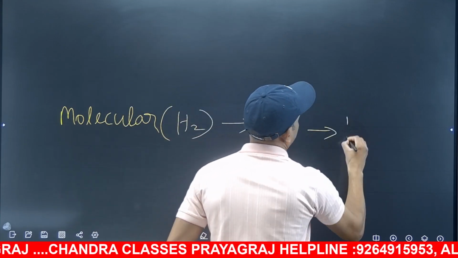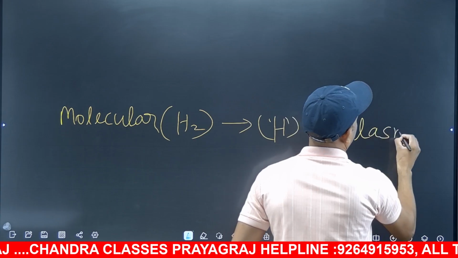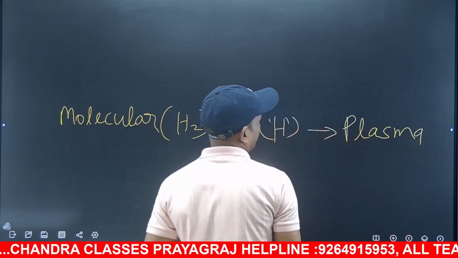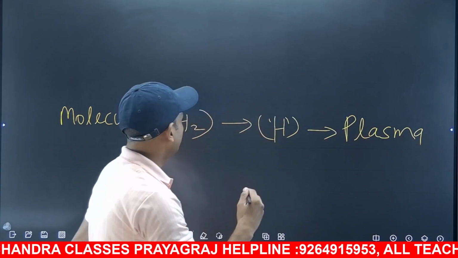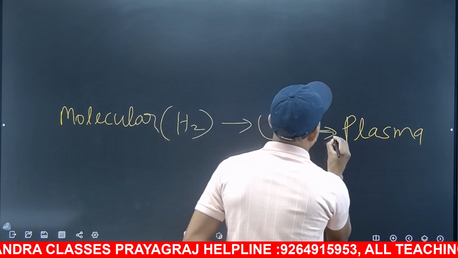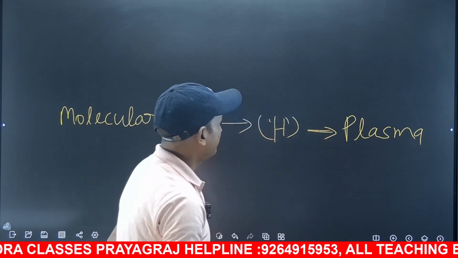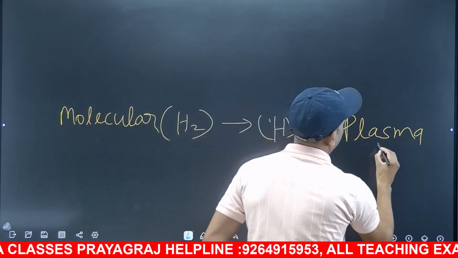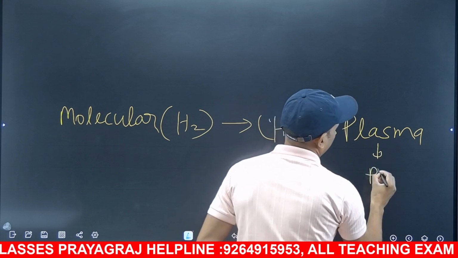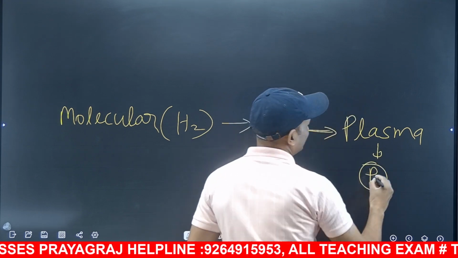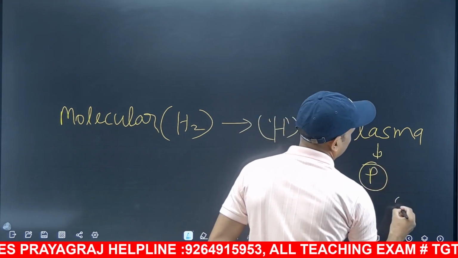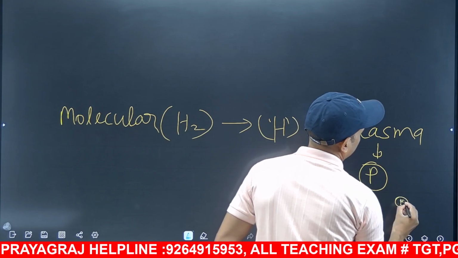Then further the temperature went up, and the hydrogen turned into the plasma state. In the plasma state, protons, meaning the nucleus, get separated from the electrons. Electrons start having their separate existence.